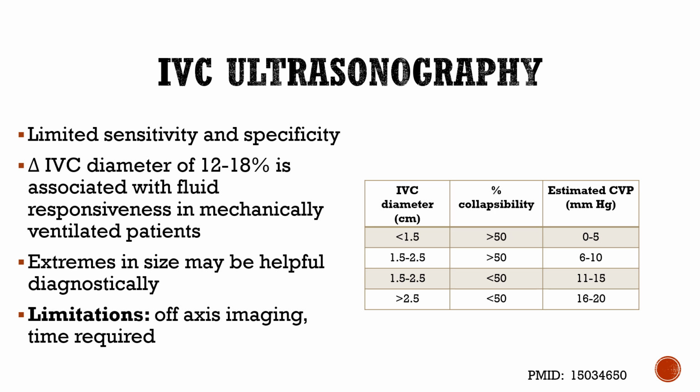Some other limitations include off-axis imaging and some time required to perform the procedure. Nevertheless, there is some association between different IVC diameters and estimated CVP, or central venous pressure, which is present in the table. Please take your time to review this table.